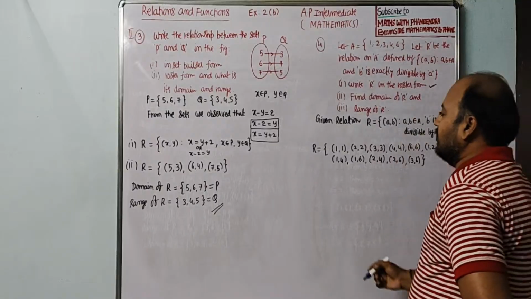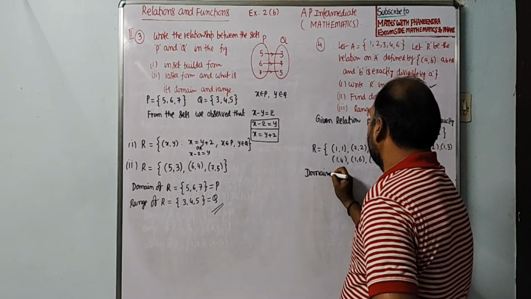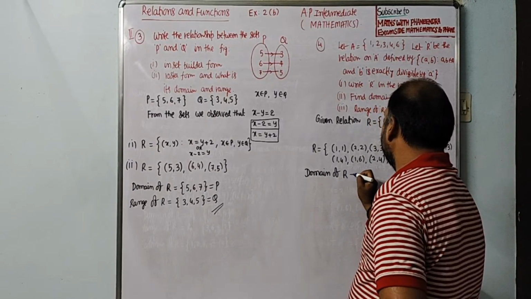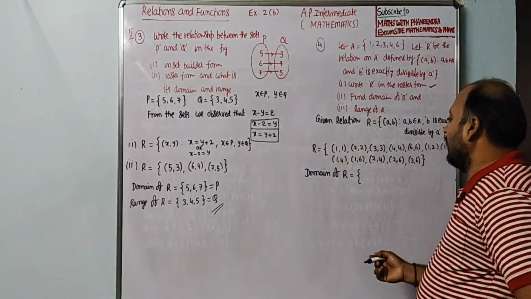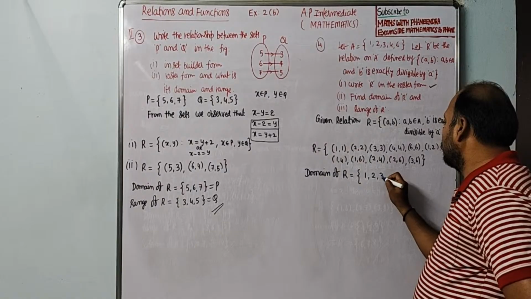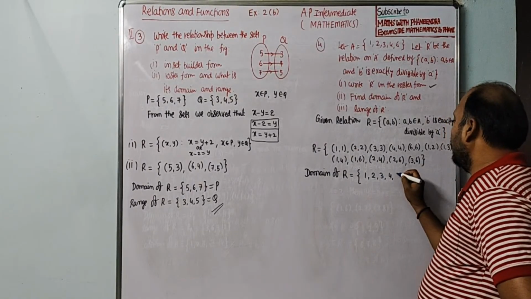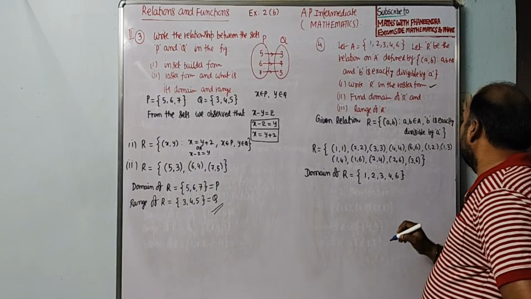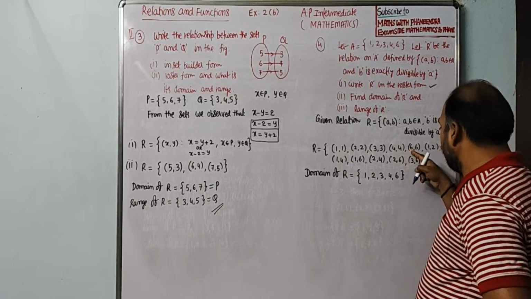Next, domain and range. Domain of R is equal to. The first elements are the domain. So 1, 2, 3, 4 and 6. We got it now here.